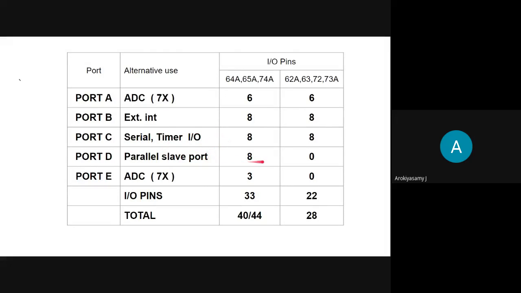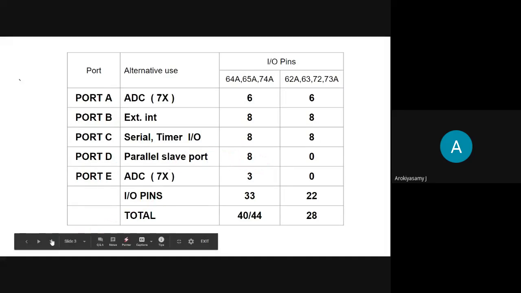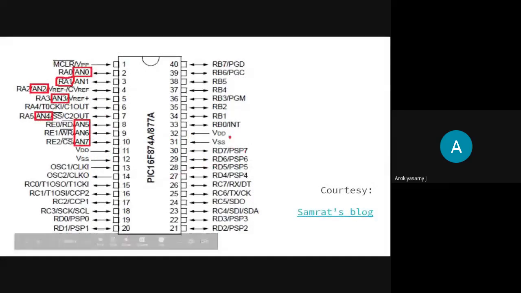Then port D. What is port D? Port D consists of 8 pins. It is shared with the parallel slave port. Notice port D here. Look at the 0th bit, RD0. RD0 is shared with parallel slave port 0.